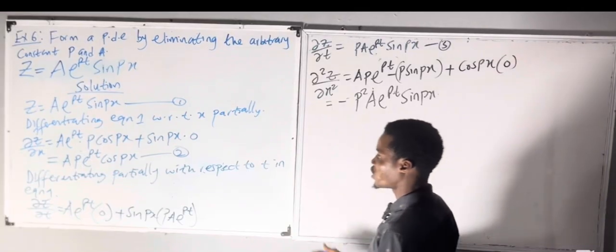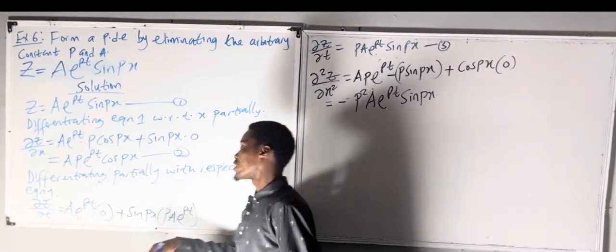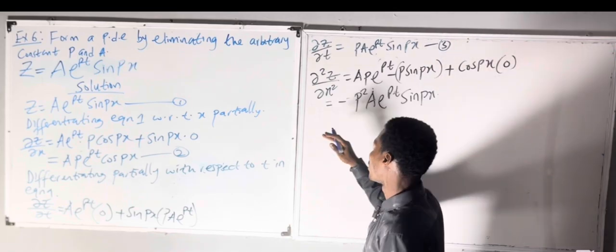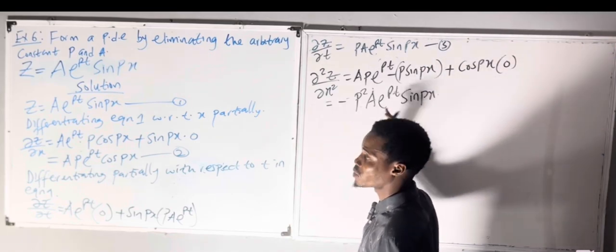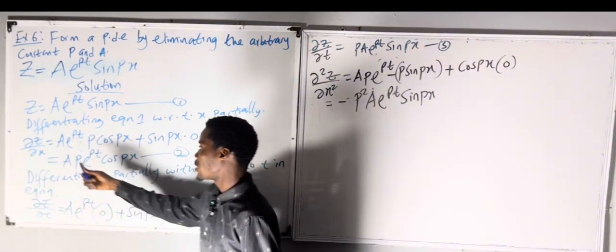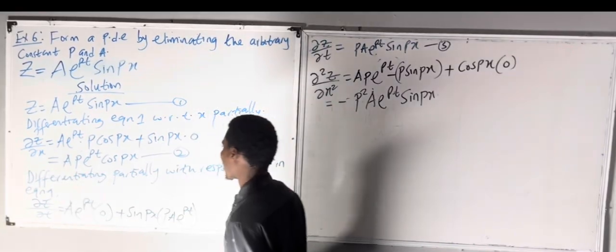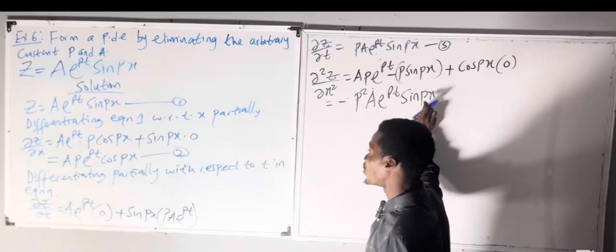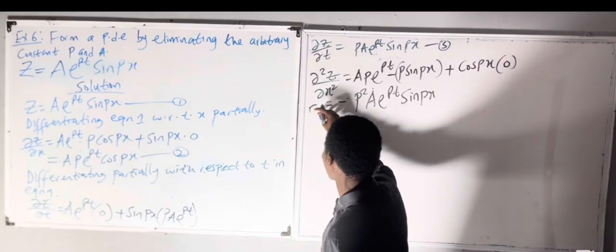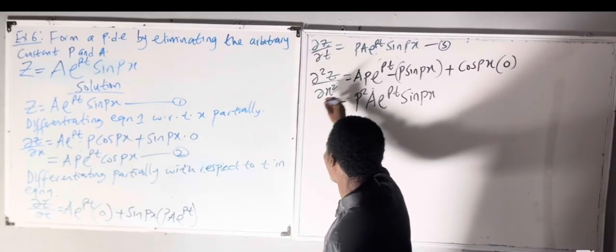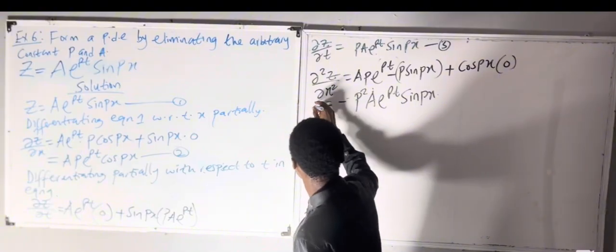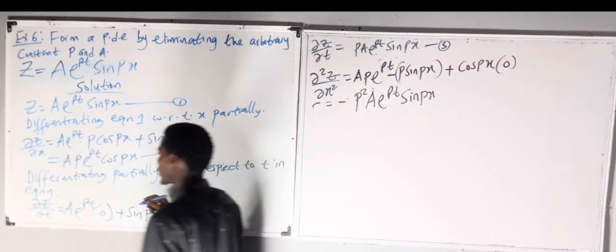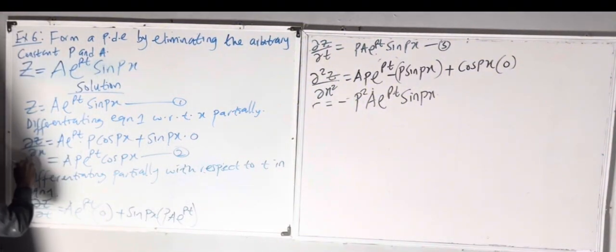So what is this to differentiate this one again? If I differentiate x with respect to y, I'm going to have 0. If I consider this one as our notation, and if I differentiate again, this one is going to give me this. Remember, our notation for del square z over del x square is this. Del z over del s is p.